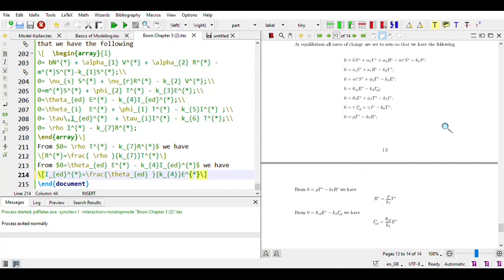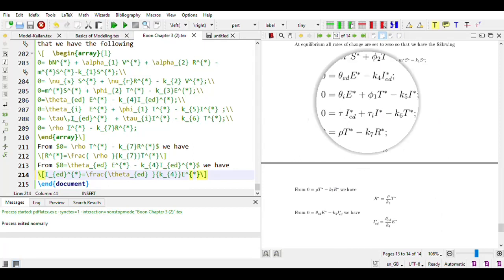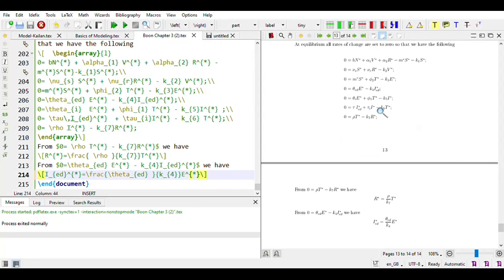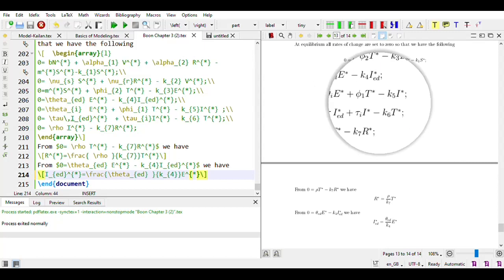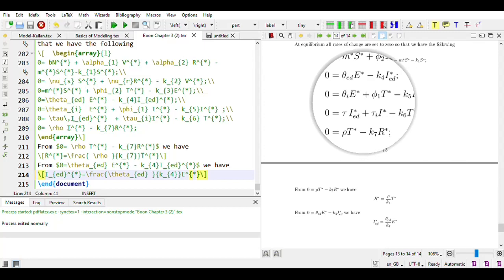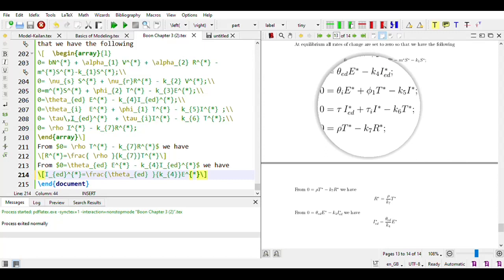Also, if we decided to use the third equation from the bottom, we know that we can find I in terms of E and T. We can find I in terms of E and T, and so we can substitute all of that into this expression.